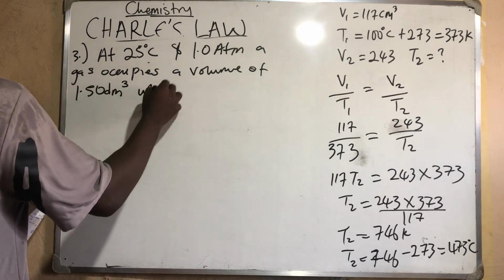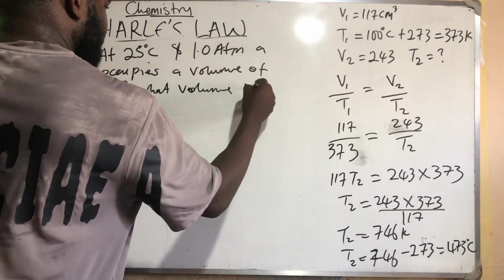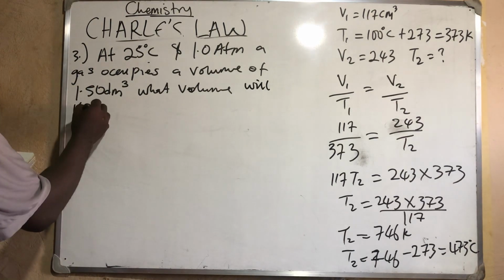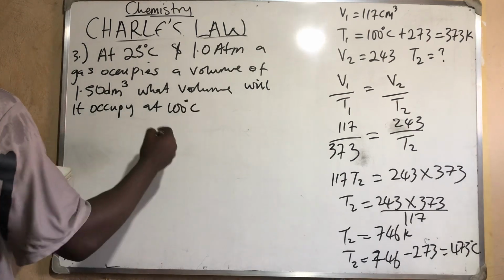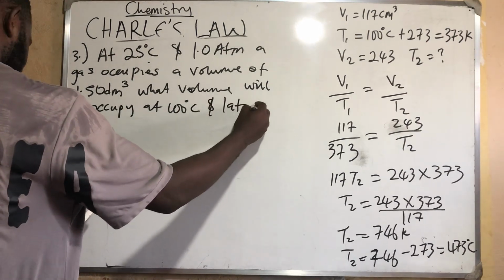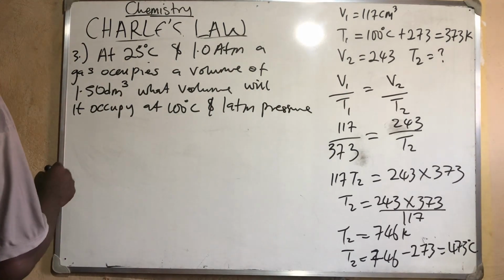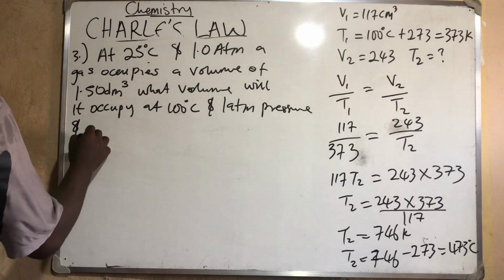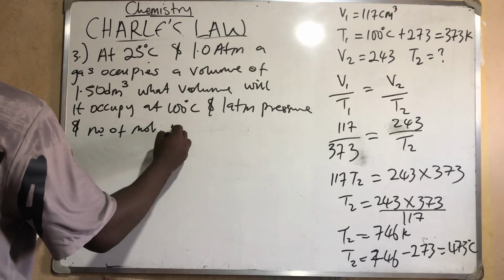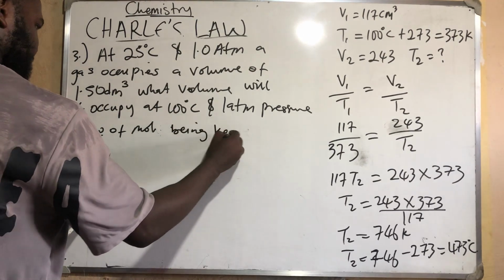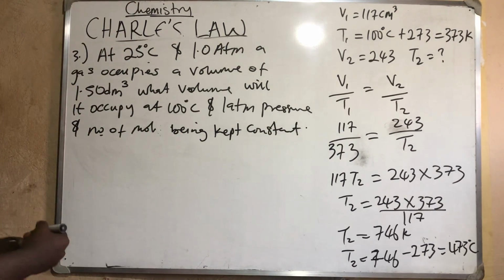Okay, they say what volume will it occupy at 100 degrees Celsius and 1 atm pressure, and number of moles being kept constant. All right, so this is a very simple thing to do.